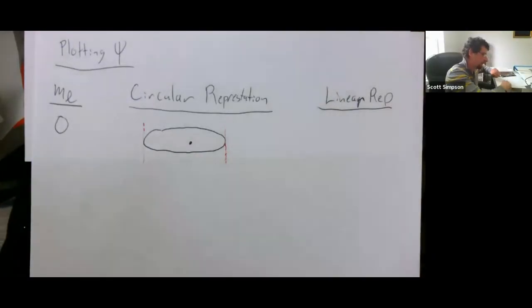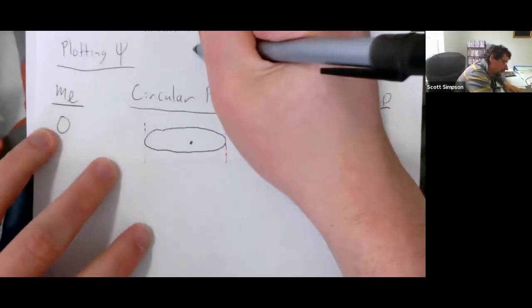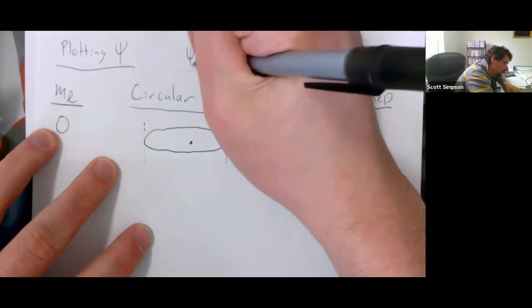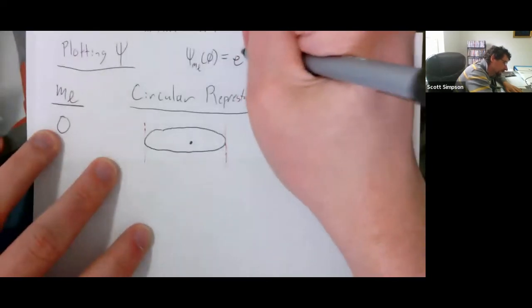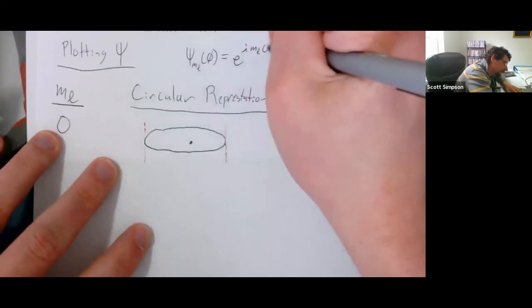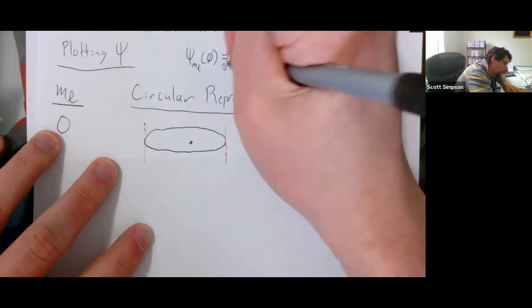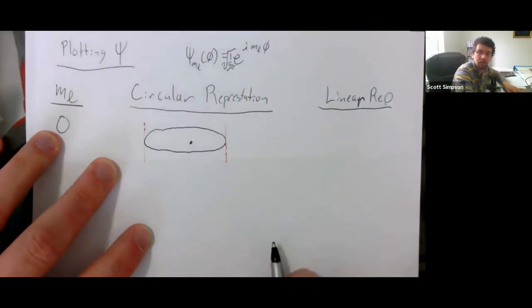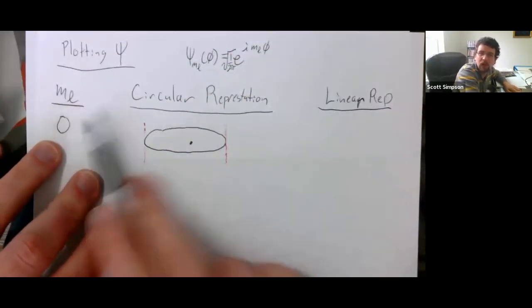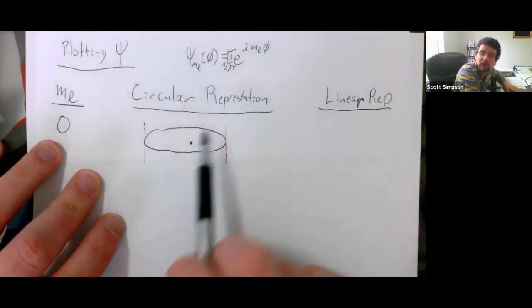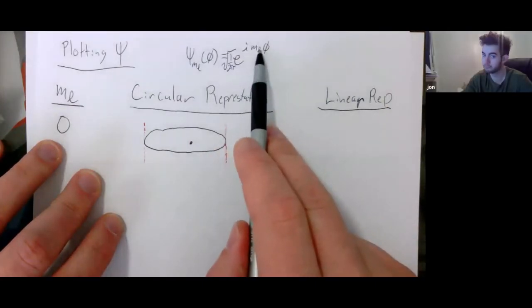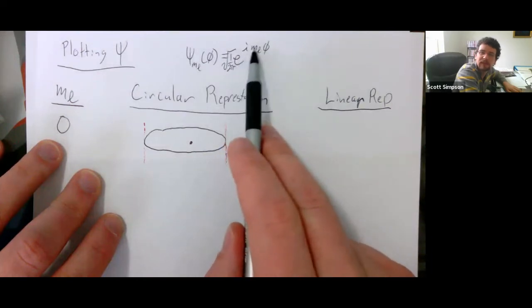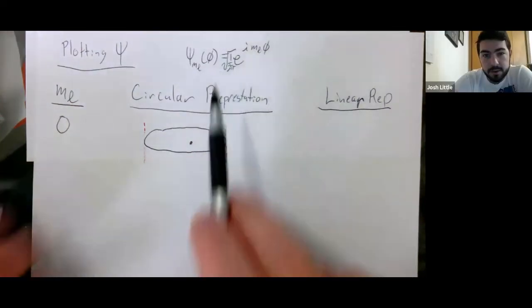Now, we think of our wave function as equal to e to the i m sub l phi times the square root of 1 over 2 pi, right? If m sub l is equal to 0, what is the value of our wave function going to be? It's e to the 0, so it's 1 over 2 pi.